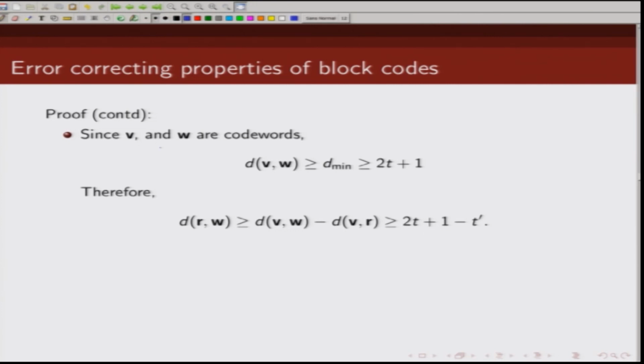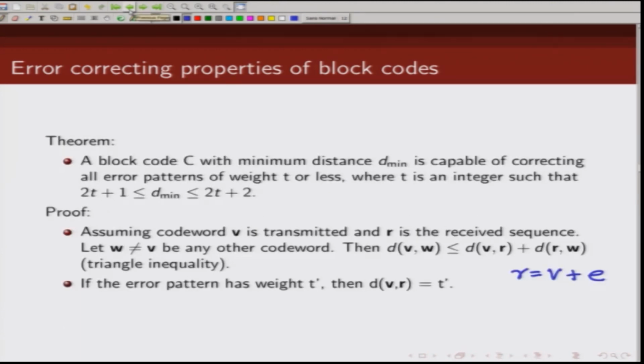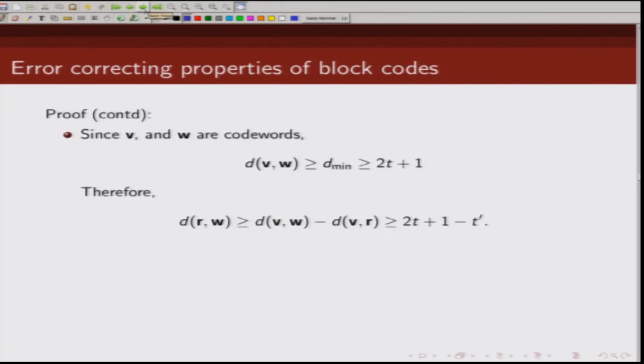Now, since V and W are valid code words, the Hamming distance between V and W will be at least equal to minimum distance of the code. So, the Hamming distance between V and W is greater than or equal to minimum distance of the code, and in the beginning we defined that our minimum distance is at least 2t plus 1. So, from these two we can write that Hamming distance between V and W is greater than or equal to 2t plus 1.